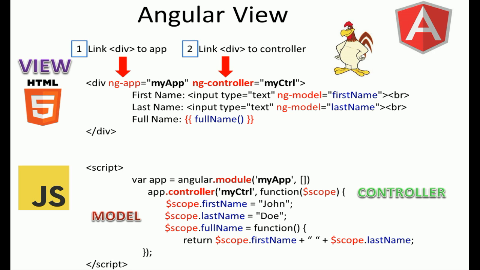This myCTRL scope object is the one that carries the firstName and lastName properties as well as the fullName method. Two-way data binding now becomes very evident.